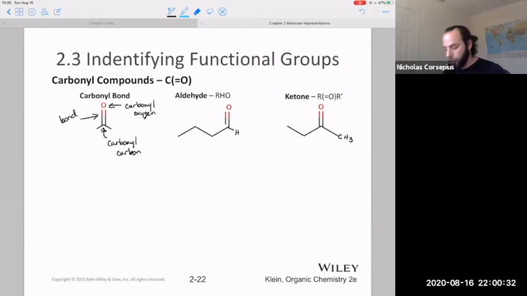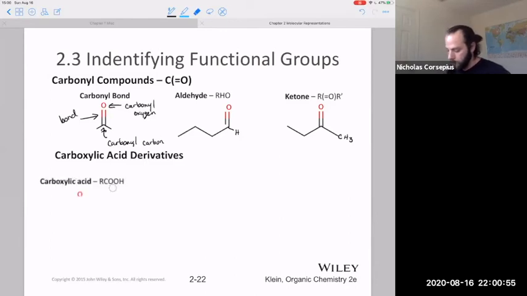The next four we're going to lump into this group called carboxylic acid derivatives. And we'll see that's because they're sort of easy to interconvert into one another. Their reactivities are very similar, so we group them together.